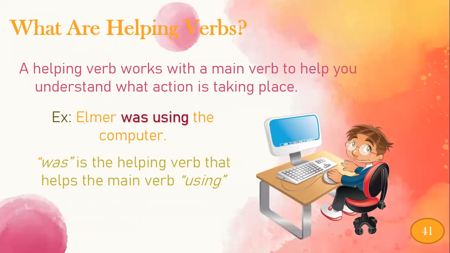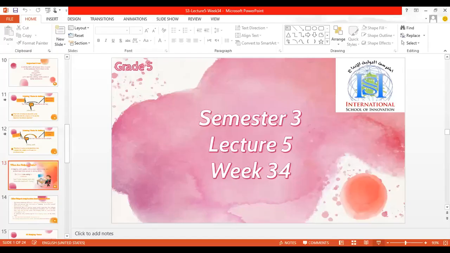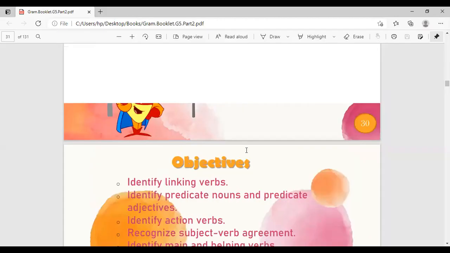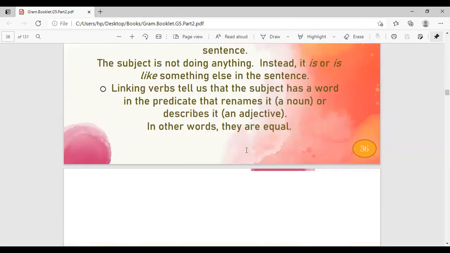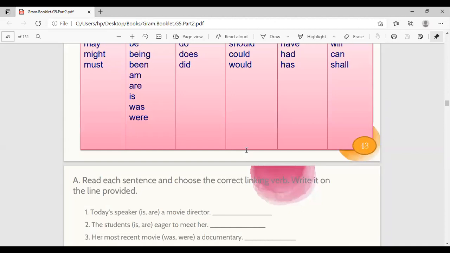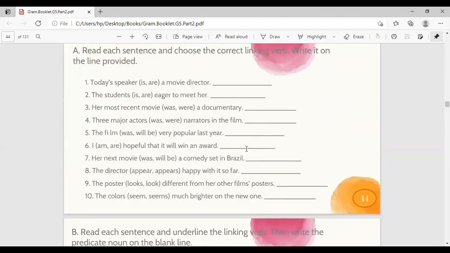Right. Now let's move to the last type of the verb. Or what do you think if we solve a question related to the linking verbs, then we move back to the explanation. If you open your booklet, if you have it beside you, the exercises start on page 44.